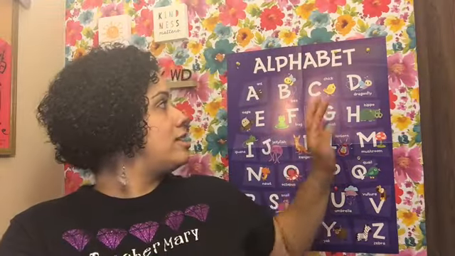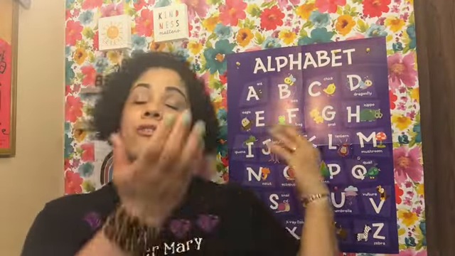Following the letters and the cards, I also have right behind me this alphabet poster that I also got at Dollar Tree. This is great because it not only decorates and gives you that educational background behind you, but you can also utilize it in the classroom whenever you are teaching a letter.